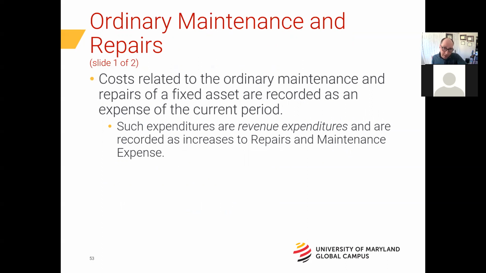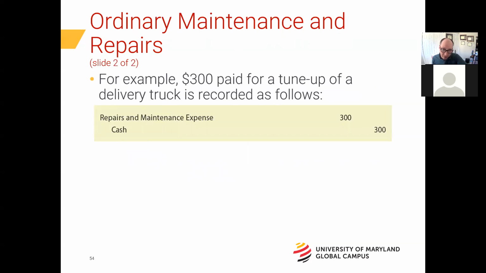Ordinary repairs and maintenance are simple expense lines on your income statement. Repairs and maintenance expense is a very commonly used expense line, and those are just costs associated with keeping the asset in good working condition. Example: change the oil.